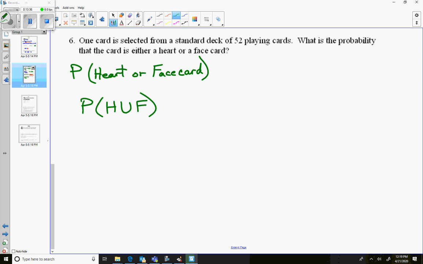According to our formula up there, it would mean the probability that we get a heart plus the probability that we get a face card, but you have to subtract the probability of heart intersect face card, which means that's a heart and a face card, or in other words, your face card hearts.